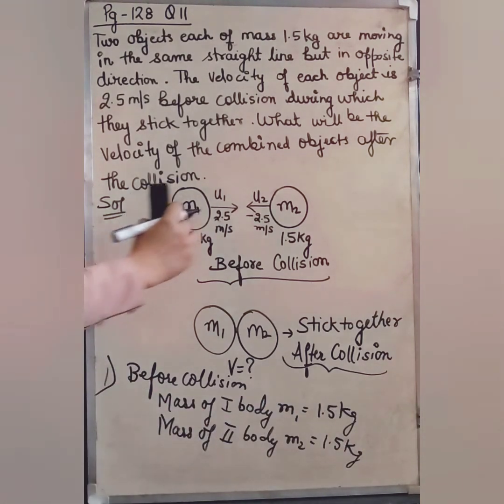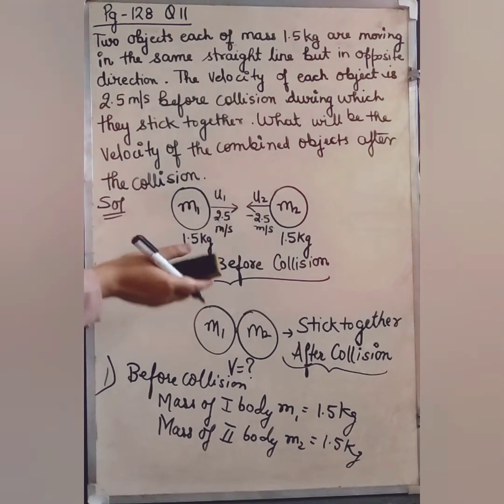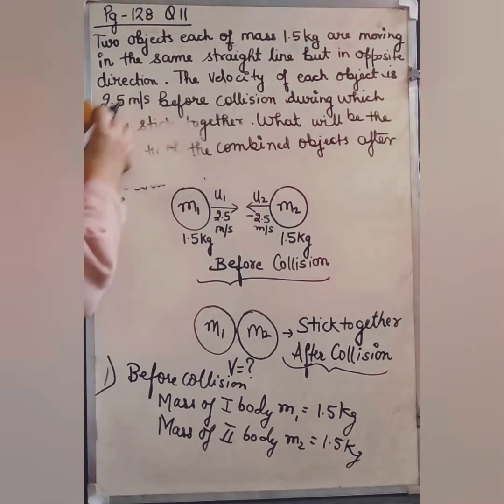Now the initial velocity of body 1 is 2.5 meter per second.